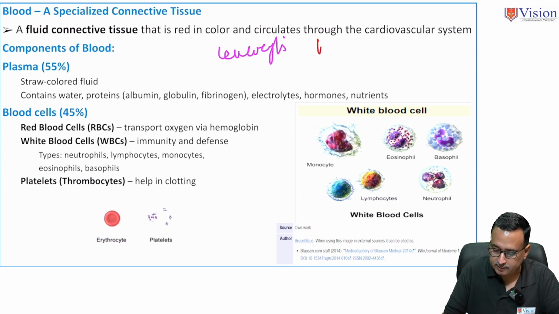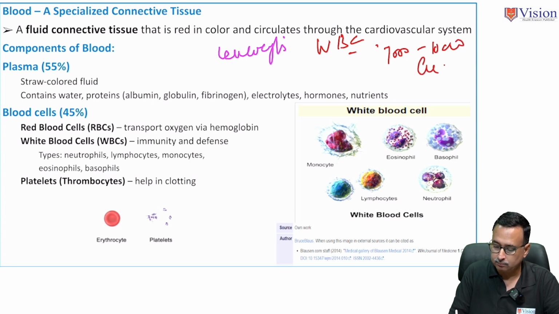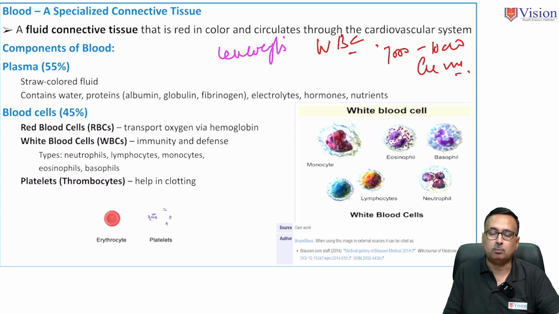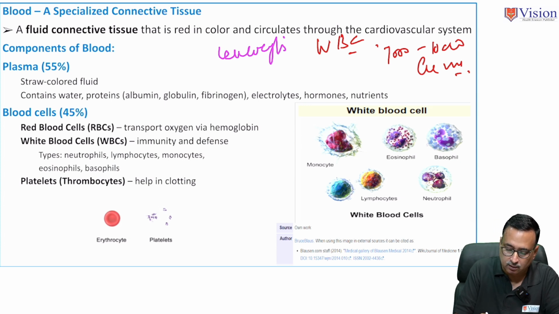The next category of blood cells are leukocytes. We also call them white blood cells. A normal count of leukocytes in an adult varies from about 7,000 to 10,000 per cubic millimeter. The number of WBCs or leukocytes increases during infection. Leukocytes are further of two categories.